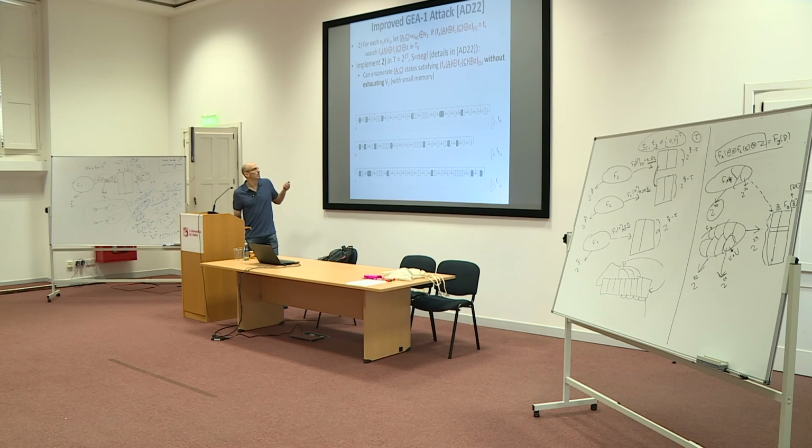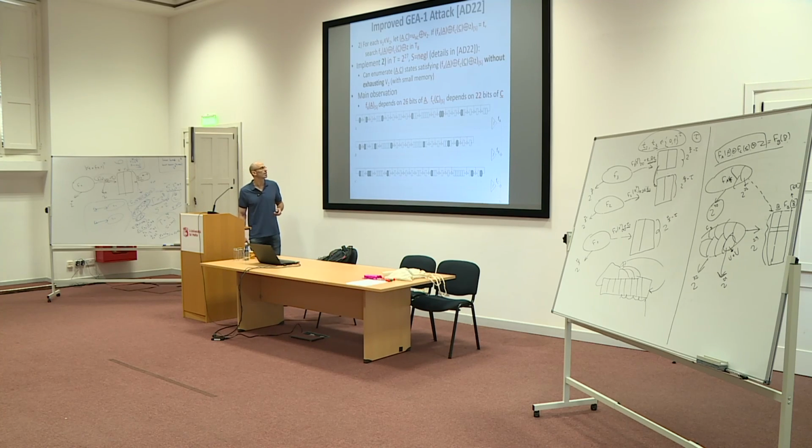What the attack actually does is to enumerate over all the joint states of A and C satisfying this condition without exhausting V2, without going over all the vectors in V2. And the main observation for this is the part that I'm not going to expand on. If you're interested, you can look at the paper.